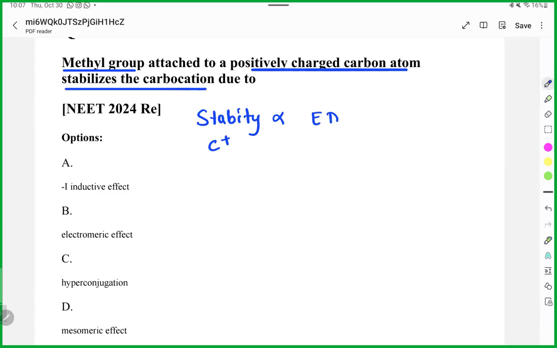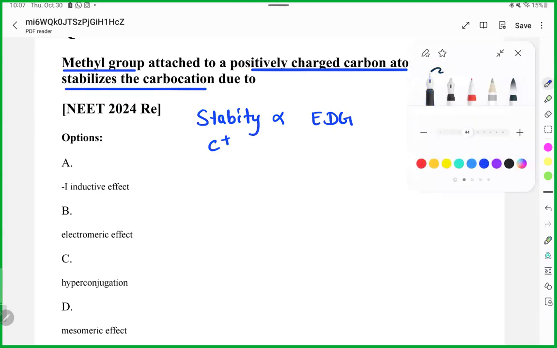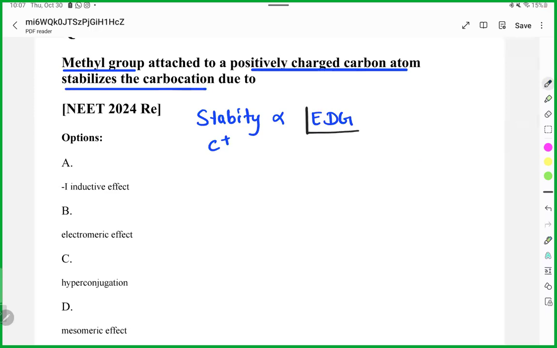Electron donating group. Tertiary is greater than secondary. Your voice is breaking. Tell me whether I am right or wrong. An electron donating group, when attached to the carbocation, will give electrons. Charge will reduce on the carbon, and if charge reduces, it is more stable. Yes or no?